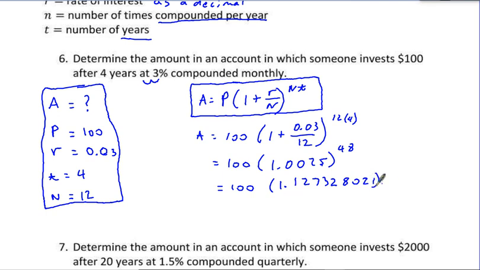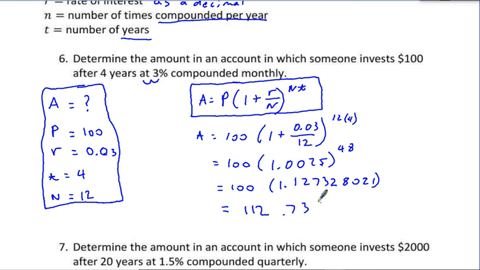You don't necessarily need to write out all of those digits as you're following these steps, but you should continue in the calculator with all of those digits by just hitting times 100. It'll take that answer that you already had and multiply the whole thing by 100, and that will give you $112.73.